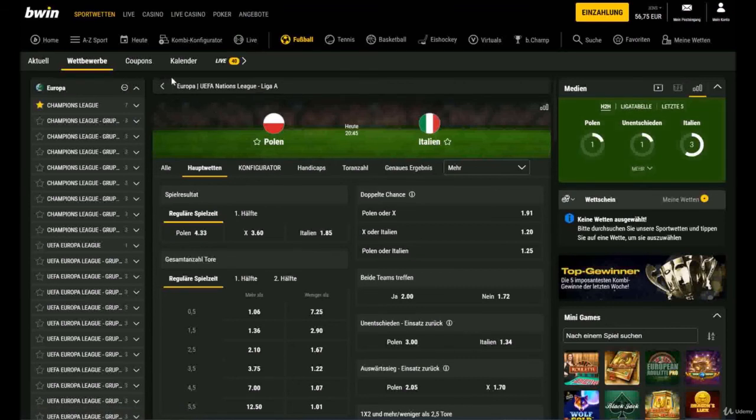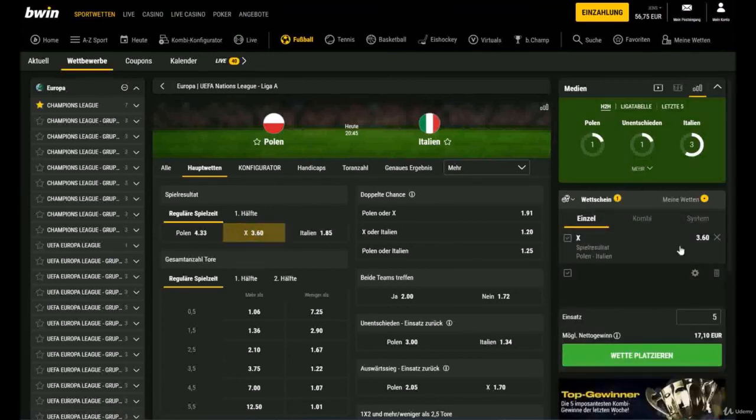Probably just a handful of spectators, but still it's a home game. Italy had to travel. And the most important factor, Robert Lewandowski back on the team. So, today, even though Italy is the favorite, I think there's more value on the X right here.